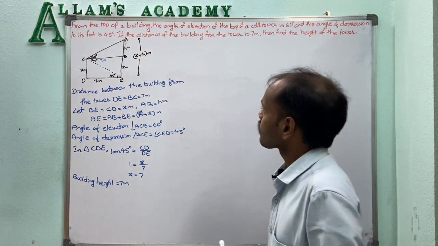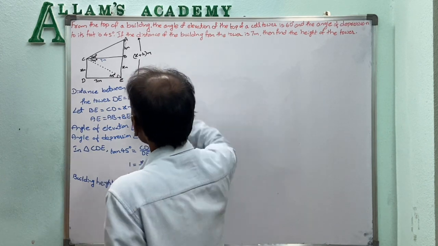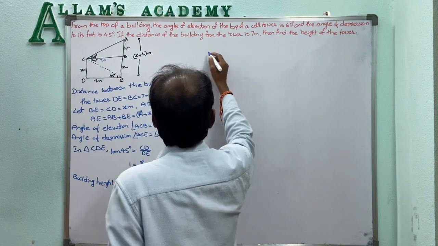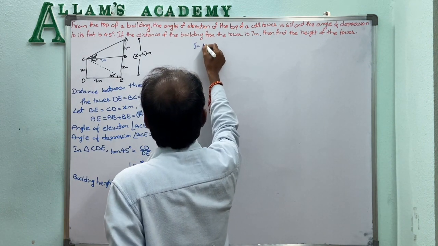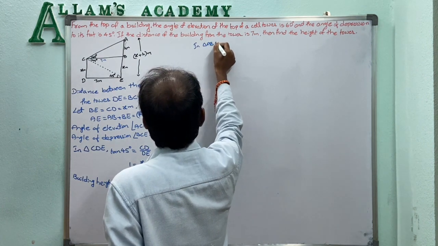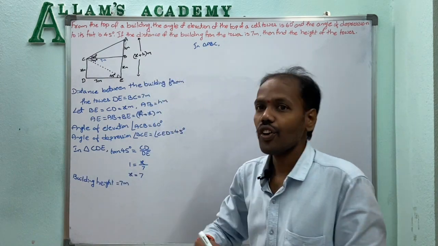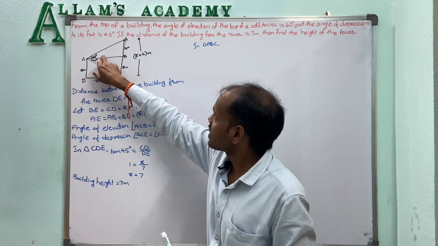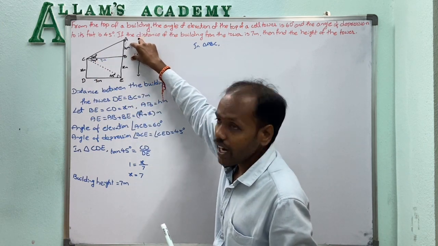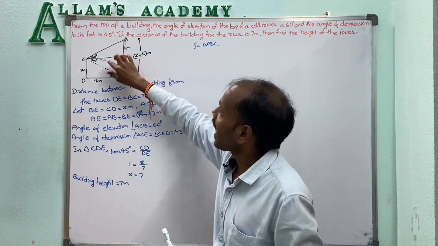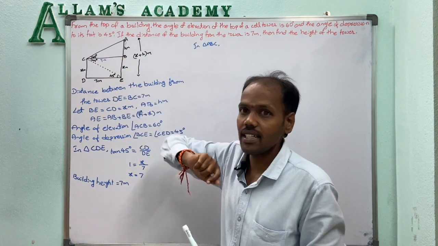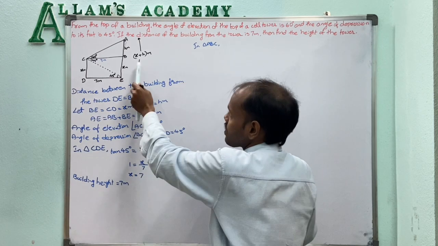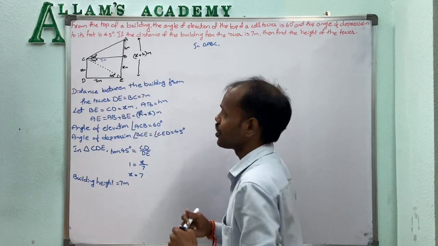So here, in triangle ABC, we know angle C equals 60 degrees. So AB is the side opposite to this 60 degrees and the adjacent side BC length 7 meters we know. So for substituting, we have to take the trigonometric ratio tan.